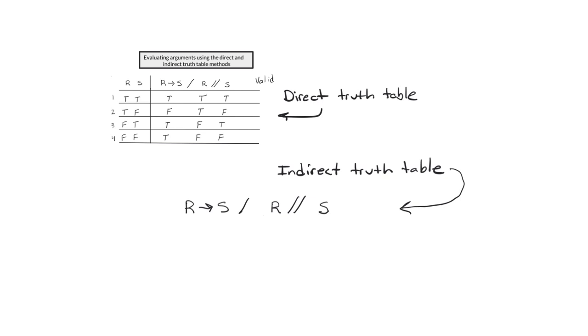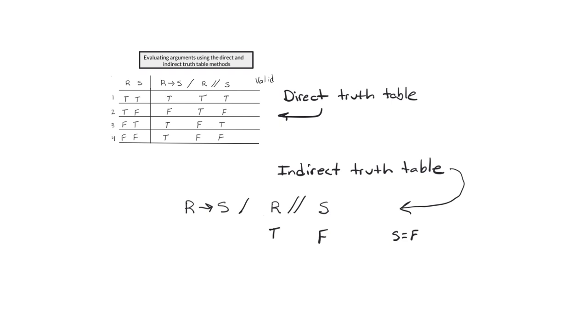So this is really going to demonstrate what it means to not be able to have consistent truth values on the assumption that the argument is invalid. So to start, we need to assume the conclusion false, because that is what's needed for an invalid argument. Remember, it would need to have all true premises and a false conclusion. So S is locked in as false.